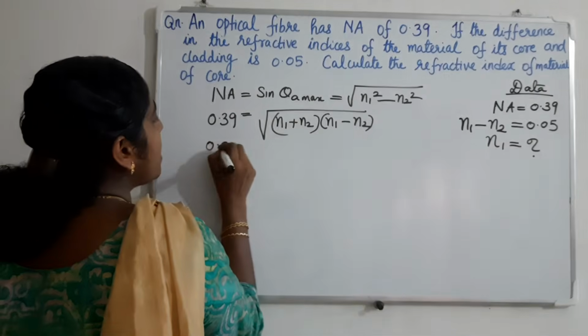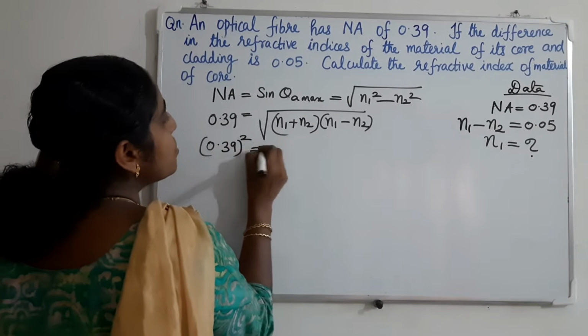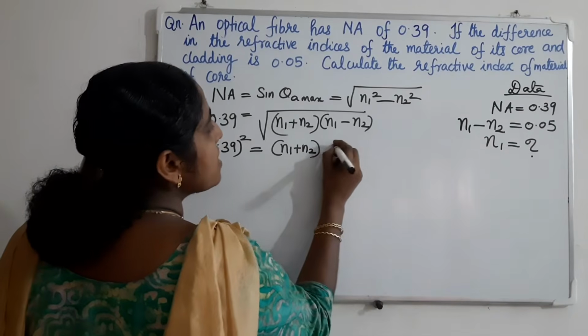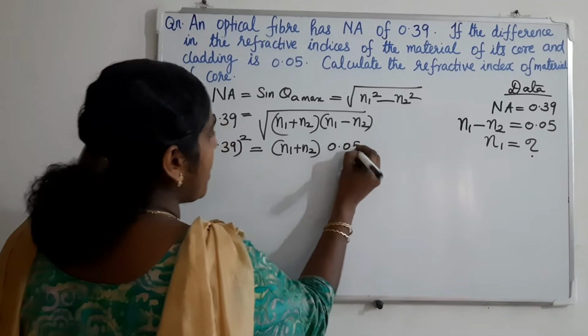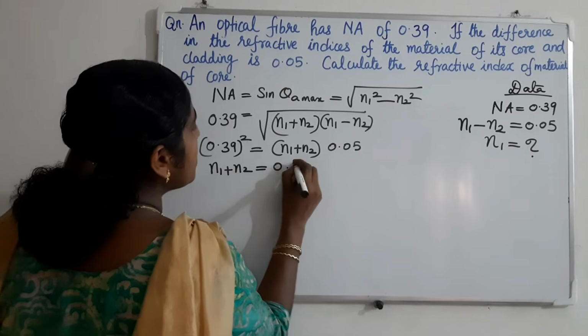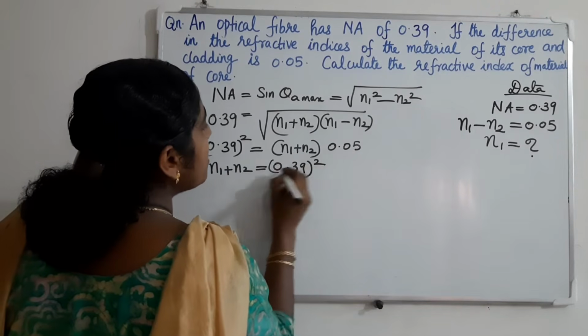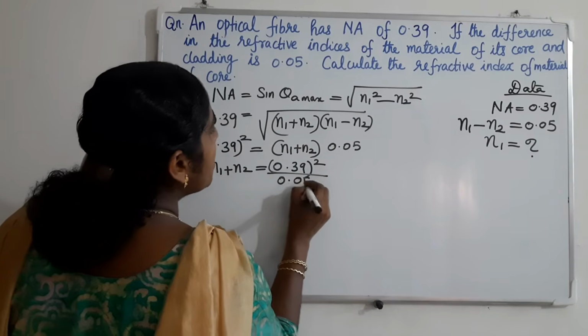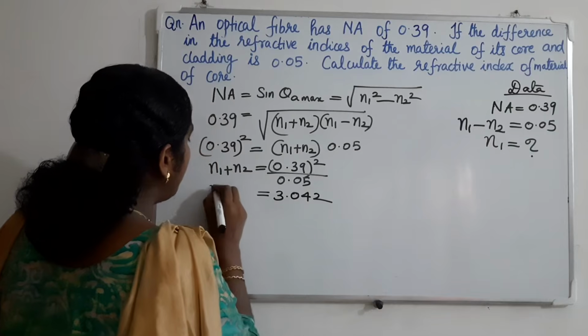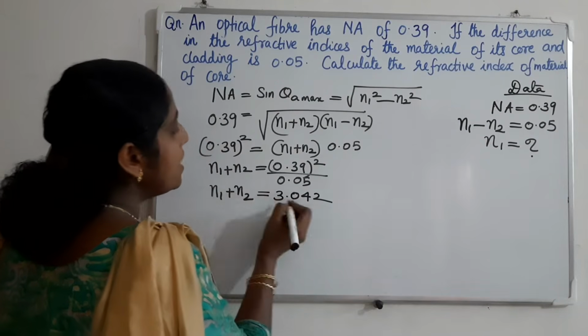So 0.39 square is equal to N1 plus N2 into N1 minus N2, that is 0.05. That is N1 plus N2 is equal to 0.39 square divided by 0.05, that is equal to 3.042. That is N1 plus N2 is 3.042.